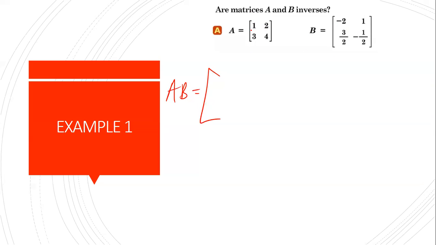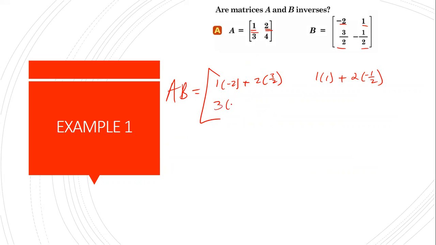So I have 1 times -2 plus 2 times 3/2. Then my next element, 1 times 1 plus 2 times -1/2. I'm going to repeat with the next.